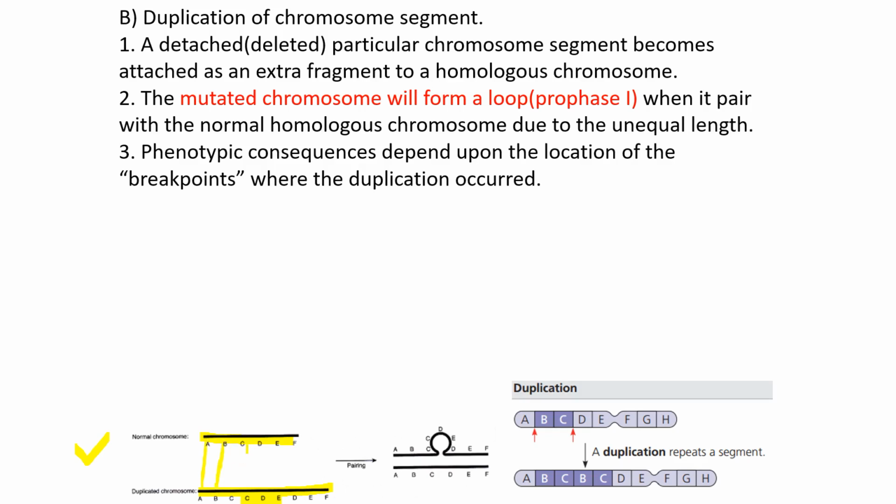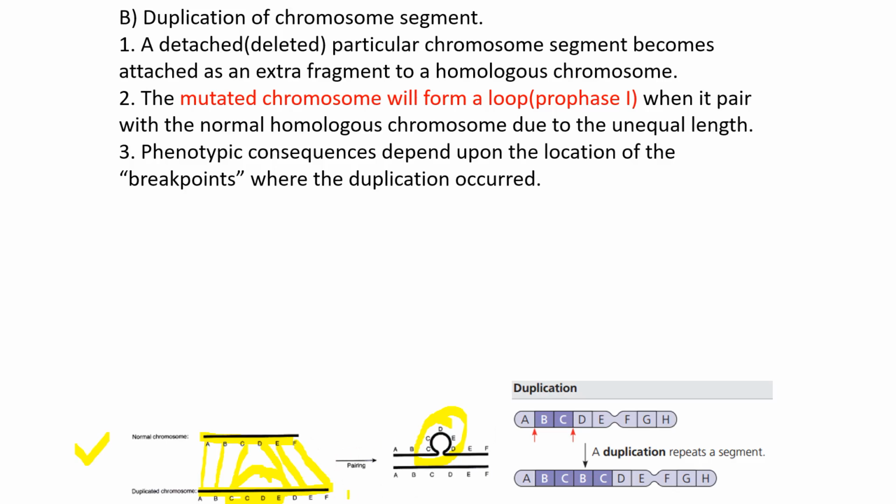And then the C, D, and E, C will pair with C. But the D, E, and F would want to pair with the C, D, E, and F. Now, what about the CDE? This section, the CDE, forms a loop. Now, this diagram is upside down.